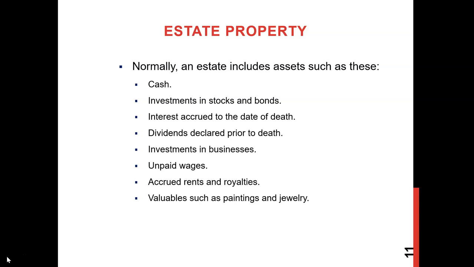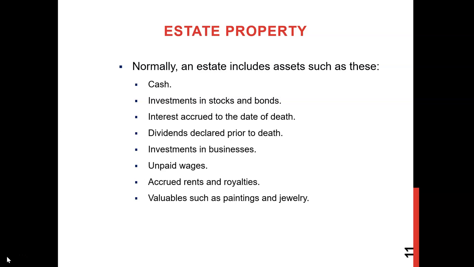However, some state law requires that some sort of property such as land, building, or automobile will be directly distributed to the beneficiaries or the co-owner at the time of death. So if that specific state requires that those types of property like land, building, or automobile will go to the beneficiary, then the executor will not include those properties.